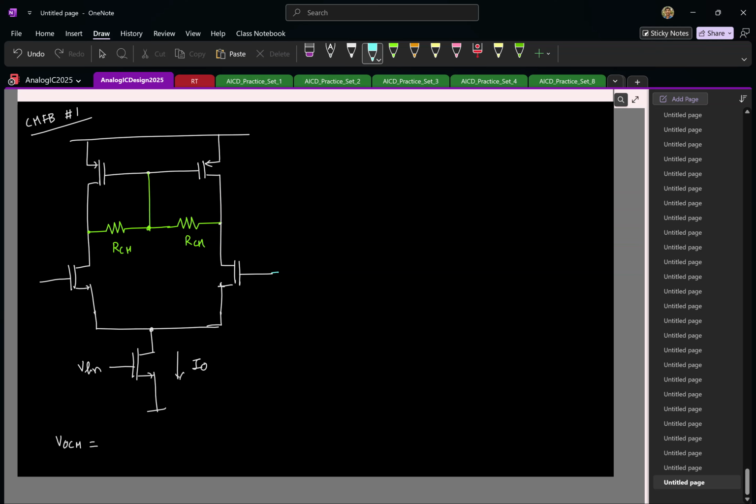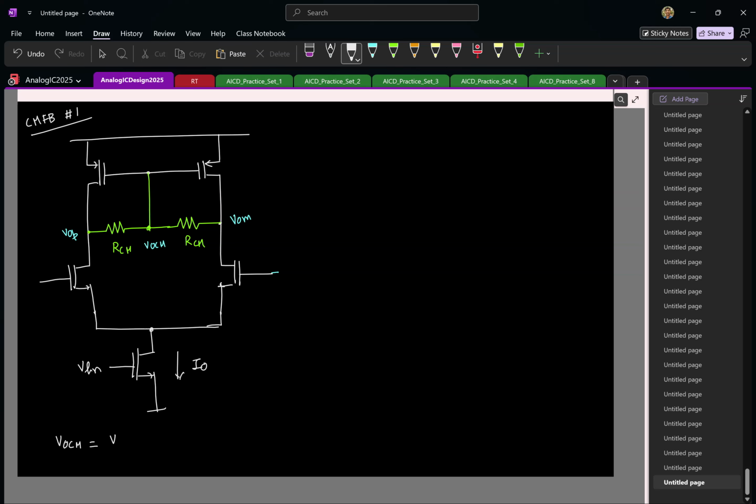Okay, so if this is VOP, VOM, where is the output common mode in this? Where am I sensing the output common mode? Middle of this fellow. This is VOCM. So now tell me, the gate voltage is the VOCM. So what will be the voltage to which this gate will settle to?